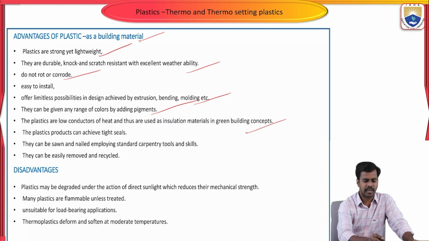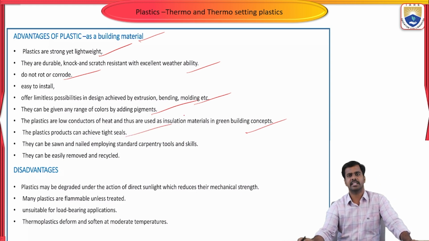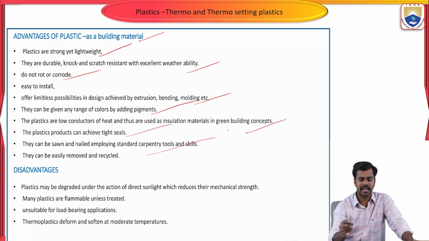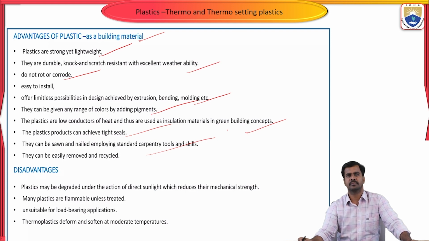The plastic products can achieve tight seals, and they can be sanded and nailed employing standard carpentry tools and skills. They can be easily removed and recycled. So these are the main advantages of plastics when used in the construction field.